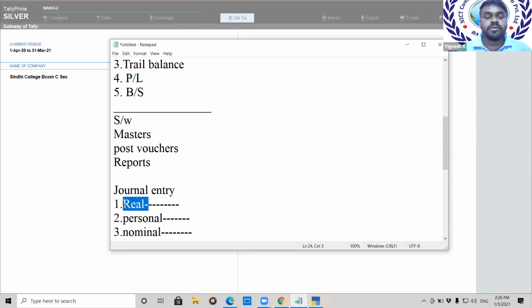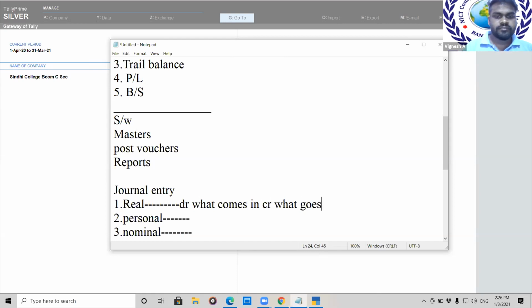But you need to understand what goes to the real account, what goes to personal, and what goes to nominal. Real tells that debit what comes in and credit what goes out. Personal: debit the receiver and credit the giver.